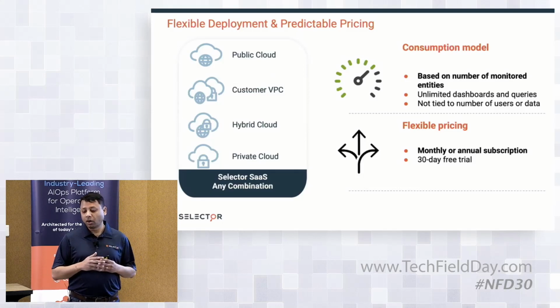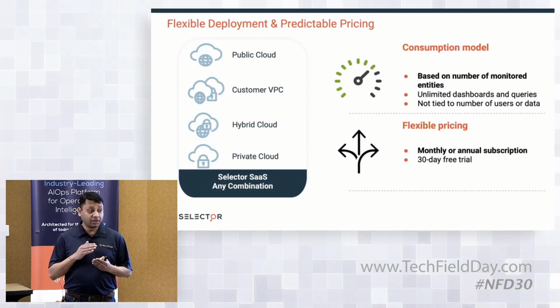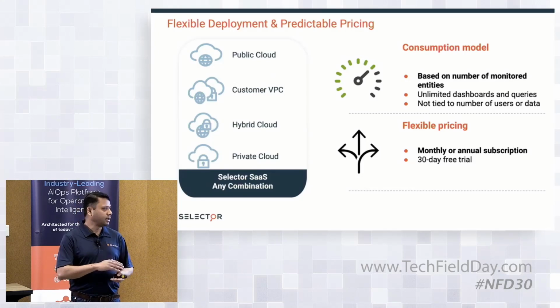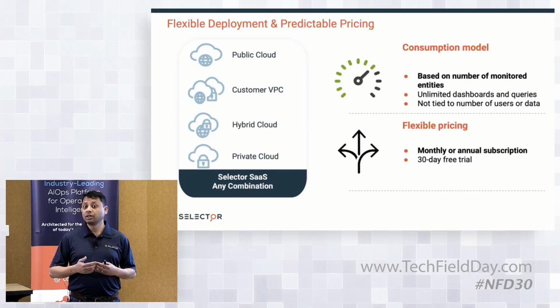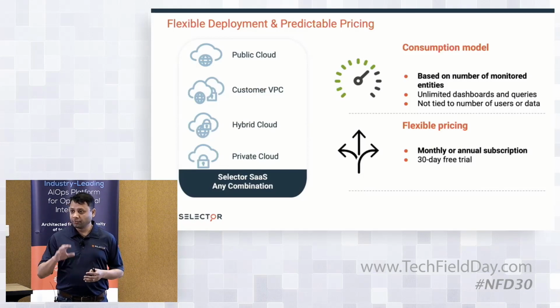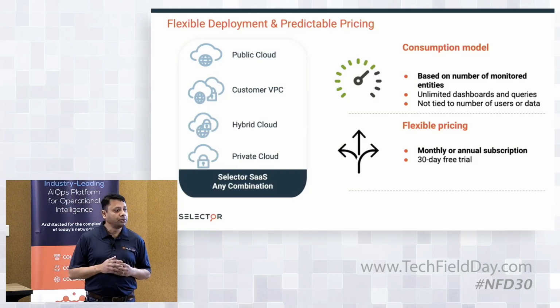So we made a conscious decision that the pricing should be predictable. If you're growing from 10 devices to 10,000 devices, it's understandable. But for the same number of devices, if someone is using our product more and ingesting more data, we will not charge more. Therefore, it is based primarily on the number of monitored devices. The reason we are able to do that is because we store insights.